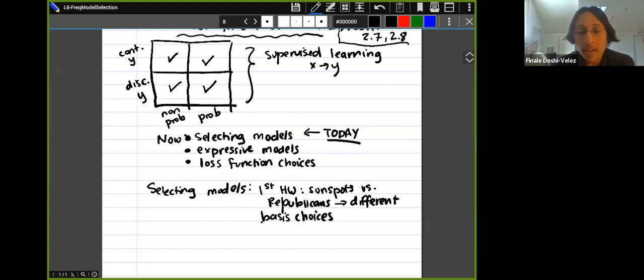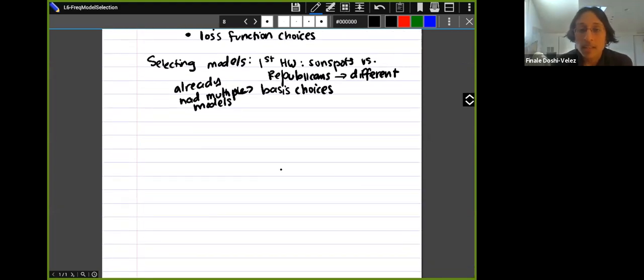So we already had multiple models that we were picking from, the different basis functions that we could have chosen from. And at that time, you just tried a couple of different ones and you made some plots, and we made some qualitative discussion about which ones seemed to look good, which ones seemed to be fitting the trend in the data the best. And our goal today is to make some of those observations that you might have made in homework 1, question 4, much more concrete and precise.